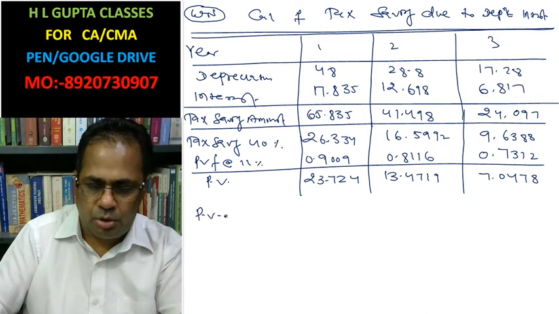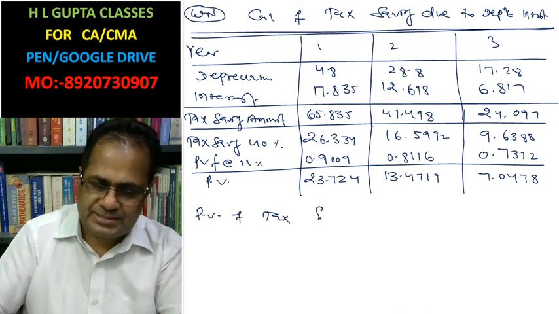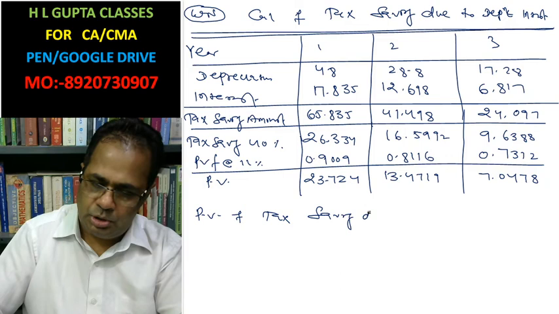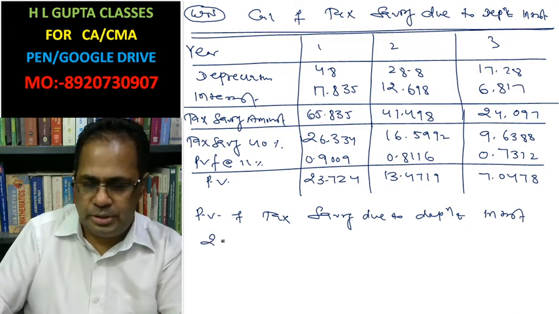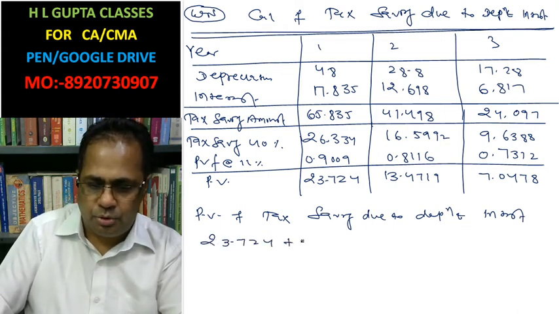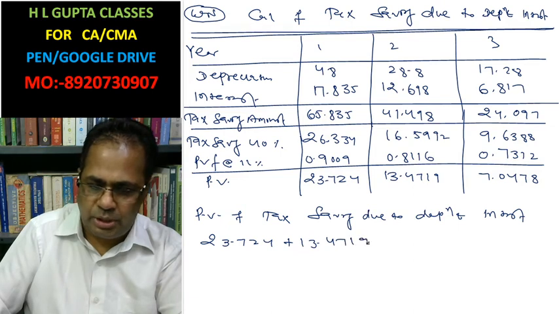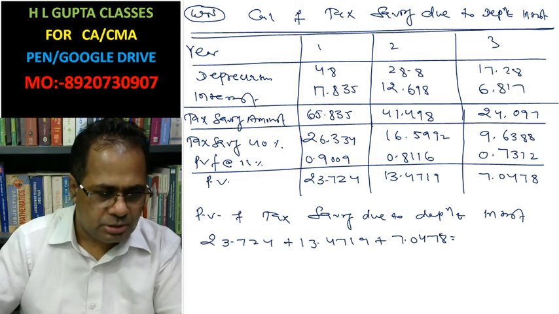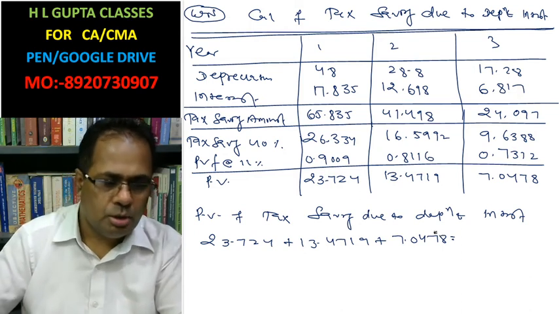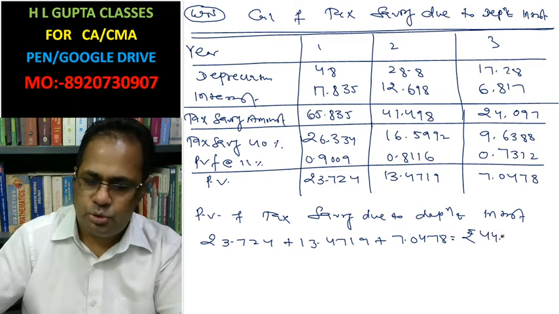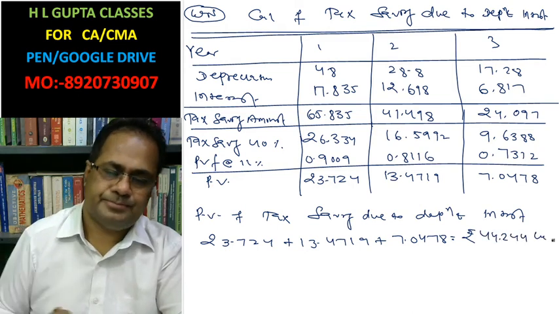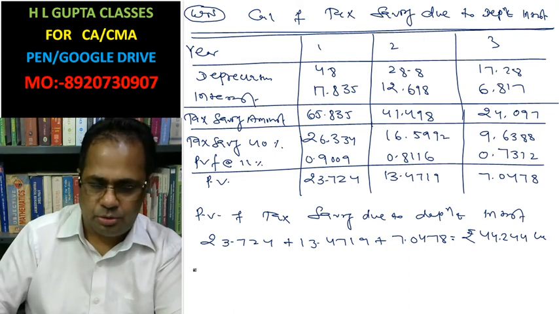Present value of tax saving due to depreciation and interest is 23.724 plus 13.4719 plus 7.0478, that is total 44.244 lakhs.